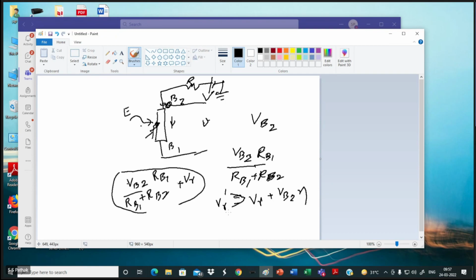And this one we can compute by taking this voltage V and this R. So I'm writing the equation there.